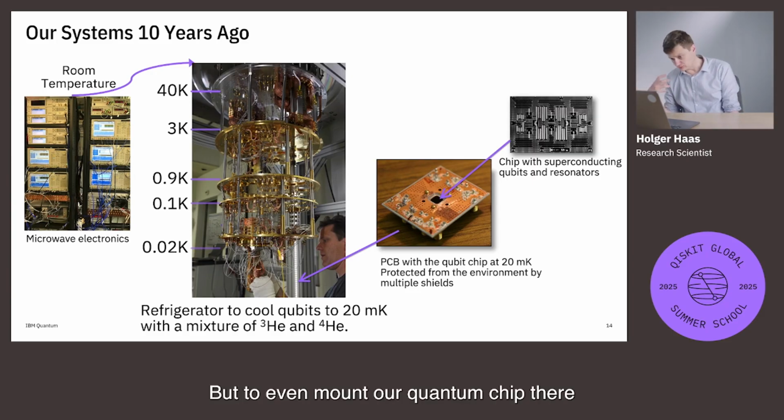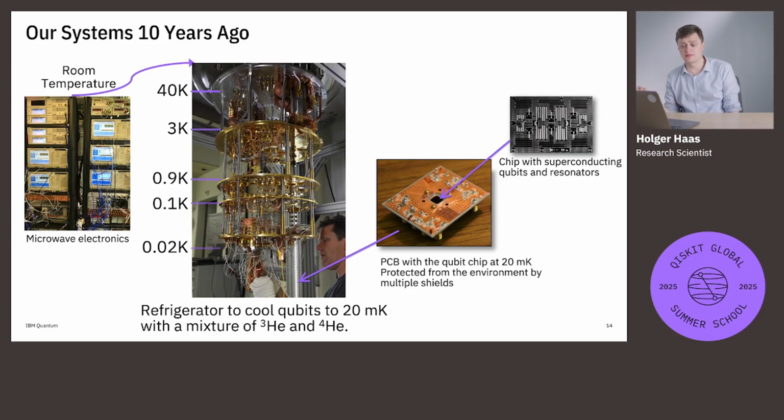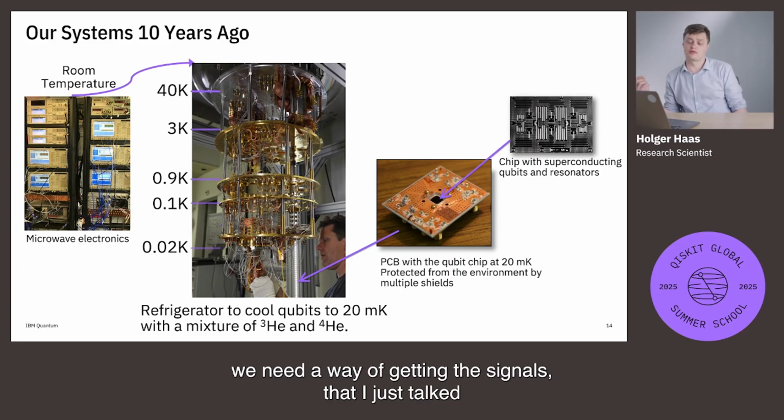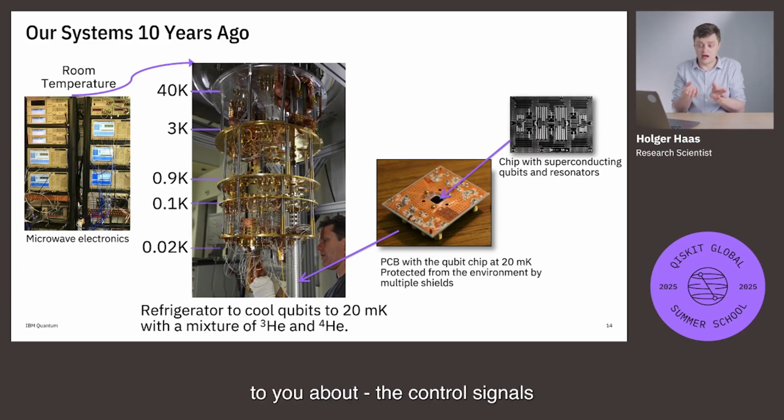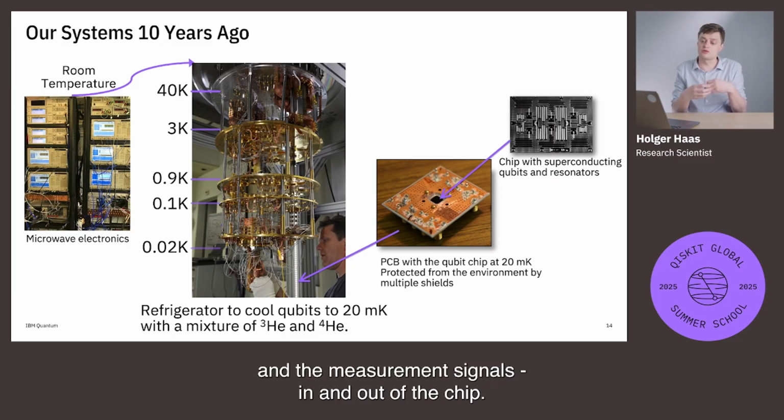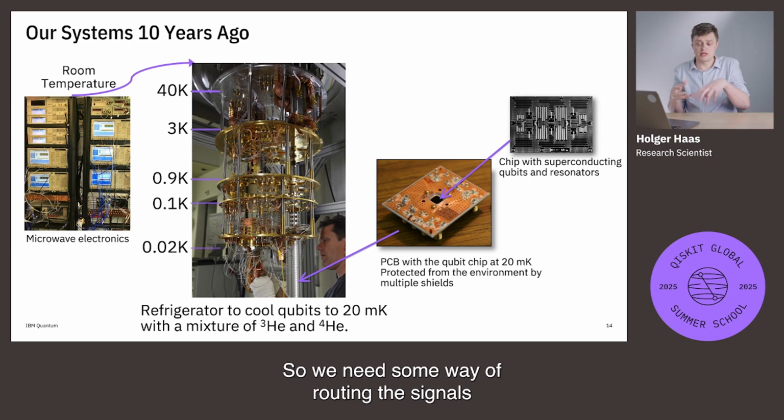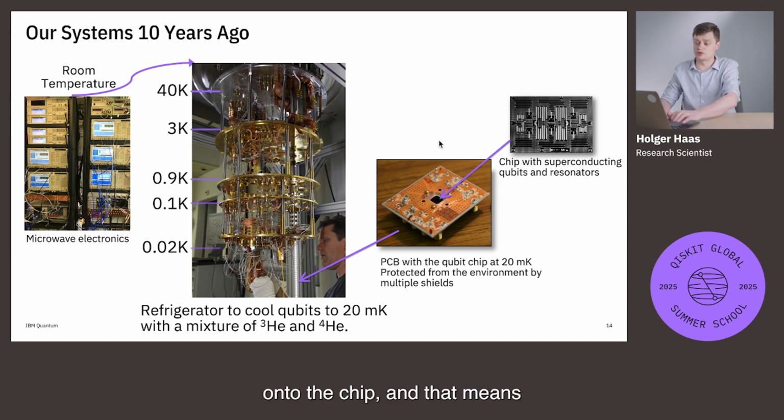But to even mount our quantum chip there, we need a way of getting the signals that I just talked to you about, the control signals and the measurement signals, in and out of the chip. So we need some way of routing the signals onto the chip, and that means we need connectors, we need cables.